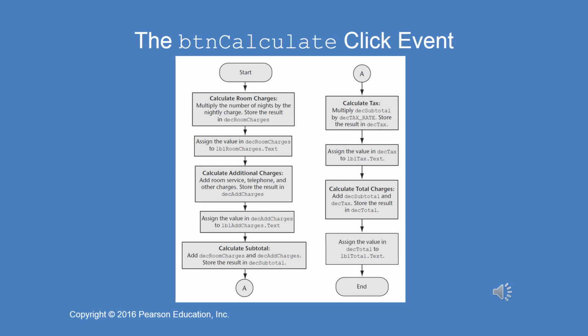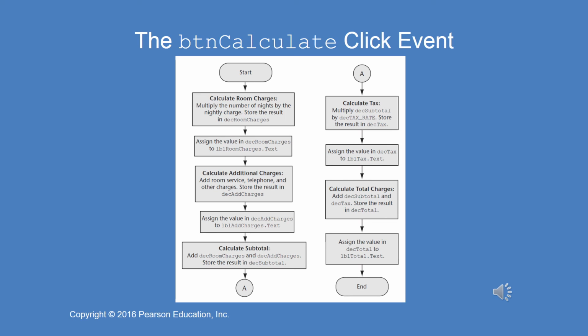Next, the author shows a nice flow chart for the sequence of events for the btnCalculate click event. So you calculate the room charges, you multiply the number of nights by the nightly charge, and you store the results in the variable decimal room charges.